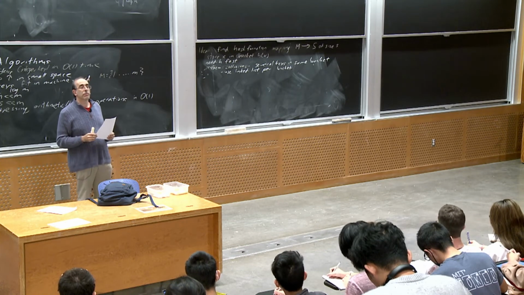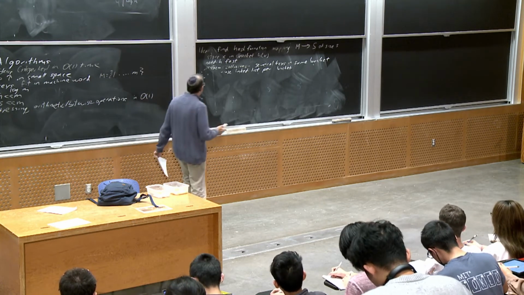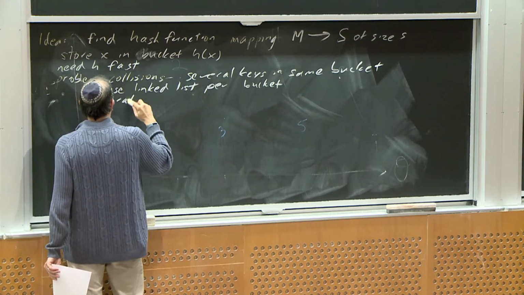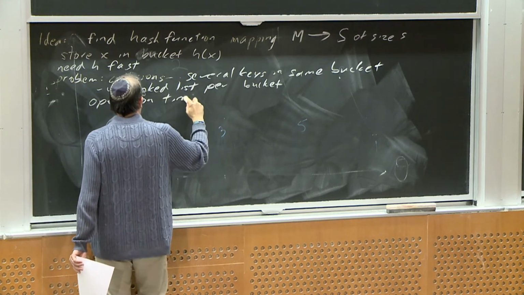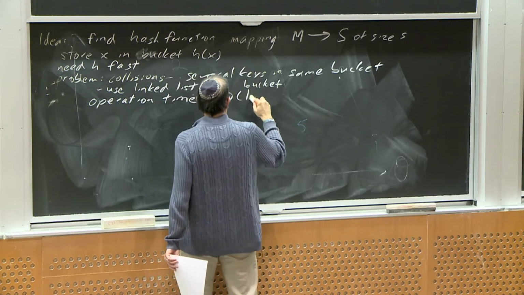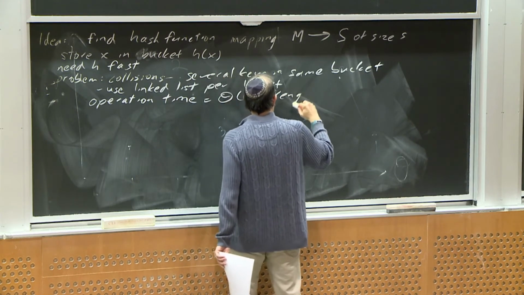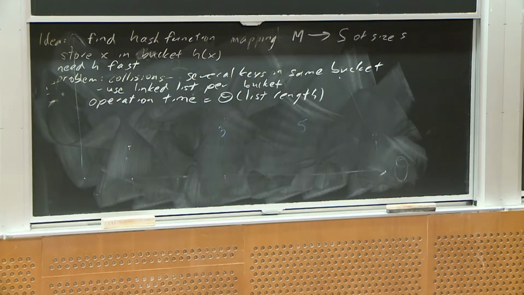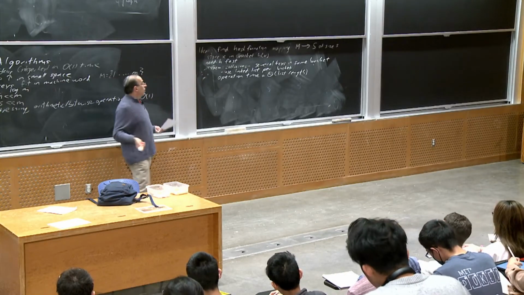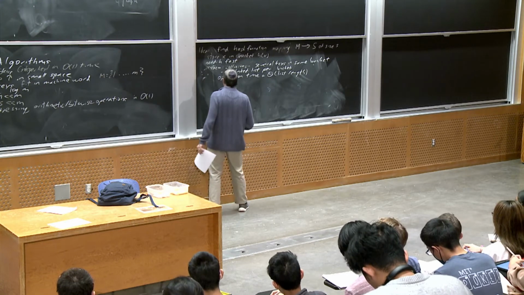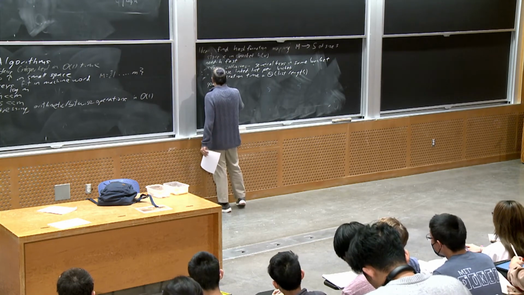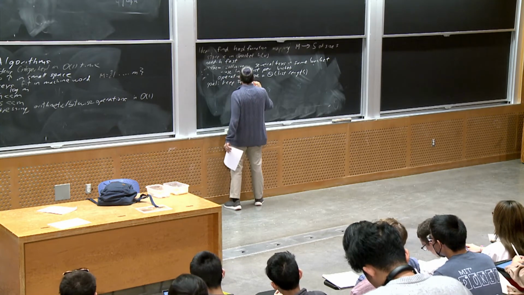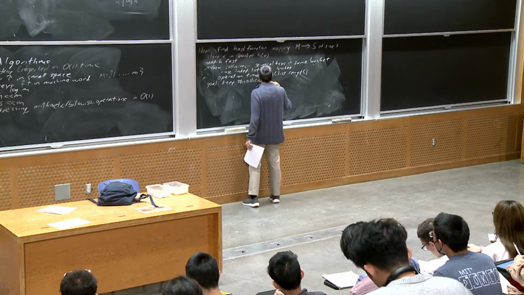Yes? Right. Now the search time is proportional to the list length, right? So this is the whole issue with hashing, is that we're going to use this idea of a hash function, but our goal is to keep the number of collisions small.